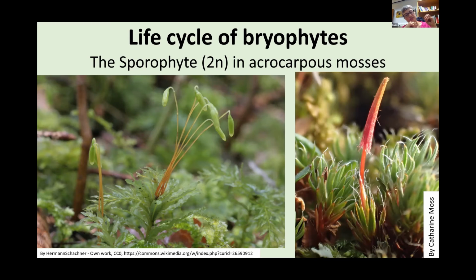This one's got six or something. It's quite a lot of work. So generally speaking, bryophytes have a hormone that will stop the development of further eggs once one has been fertilized. This particular species has the ability to switch off this hormone and produce lots of sporophytes.